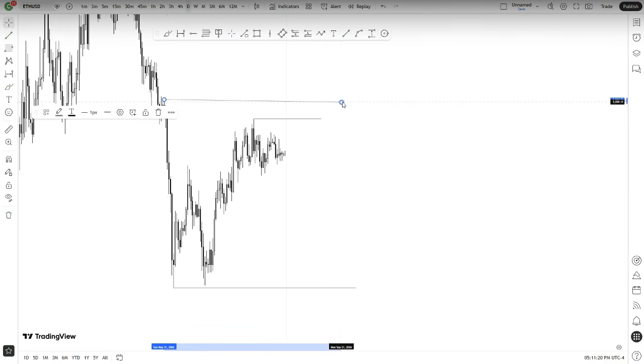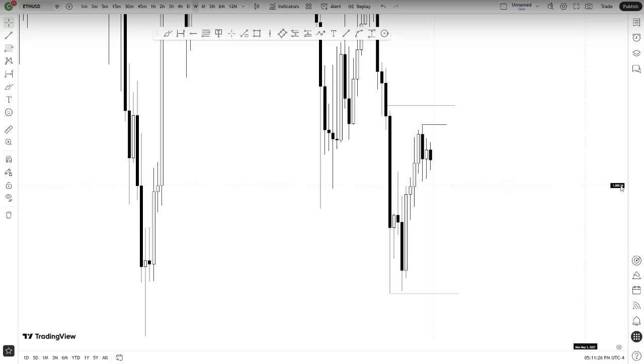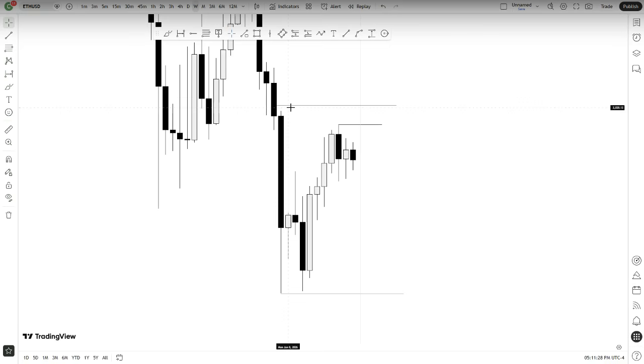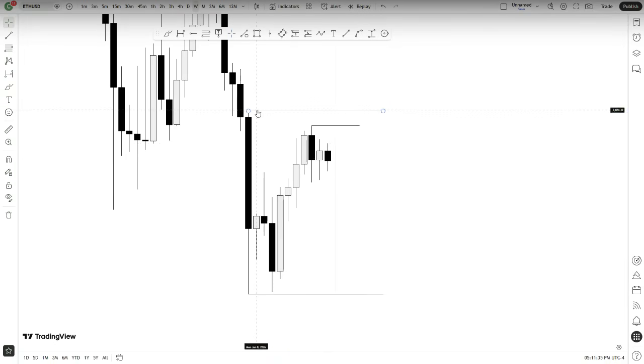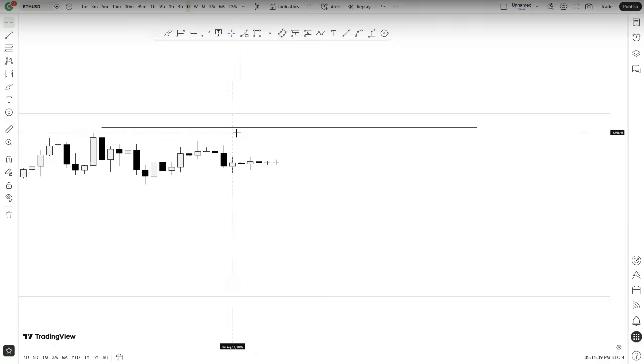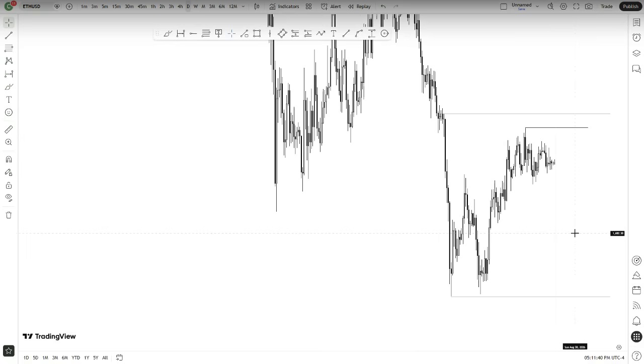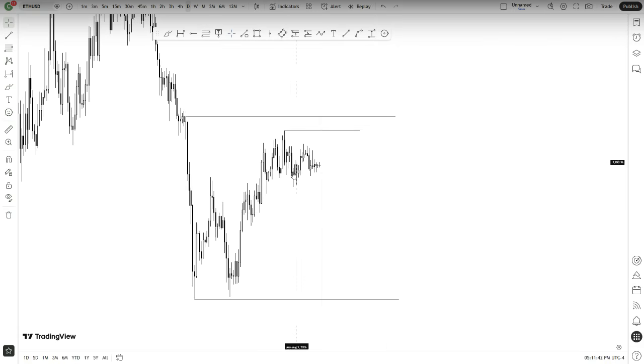Right? So I mentioned this, that I want to see this candle high being taken, this range high being taken. And currently we are having our reaccumulation phase, right?